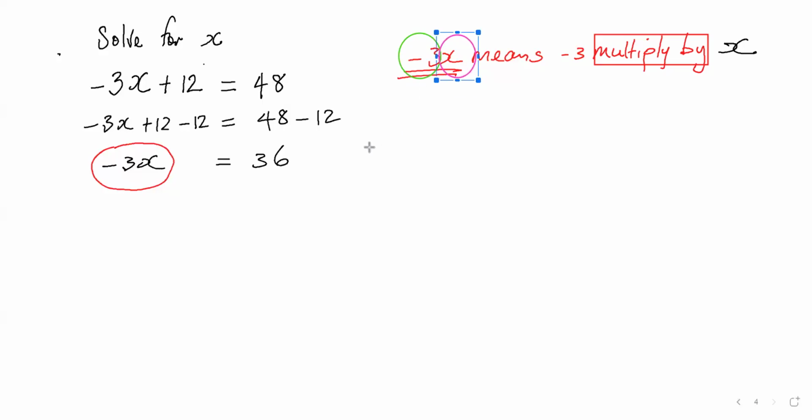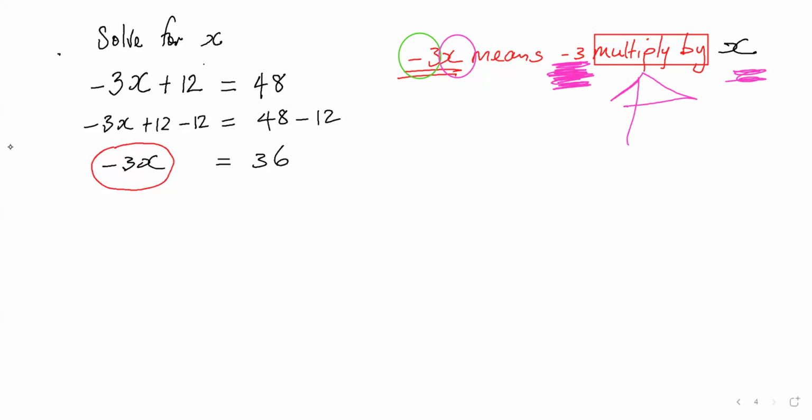We have negative 3 and we have x. So I'm saying negative 3x means what? Tell me, Analia. Negative 3 multiplied by x. Give her a clap, folks.